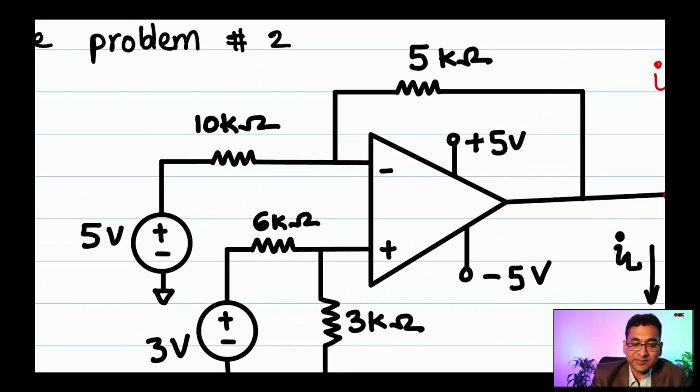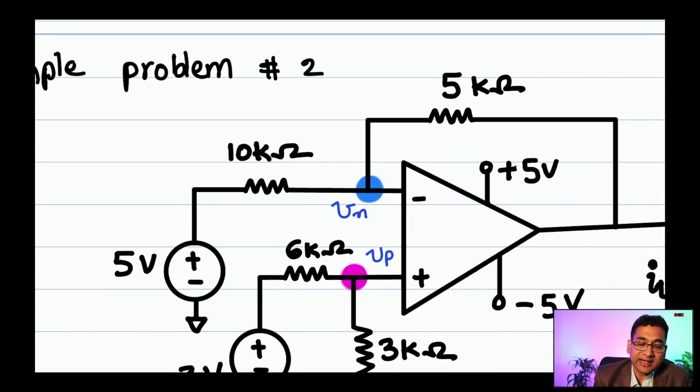This node right there, that's Vn. And of course, the node down below is Vp. That guy is Vp. All right. Second step is to apply KCL at node Vn.